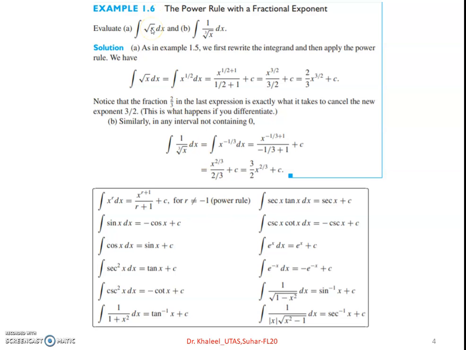We have some fractional exponents: x to the power 1 by 2, 1 by 2 plus 1. X to the power 1 by 3 in the denominator, bring it up, it's minus 1 by 3, r is minus 1 by 3, minus 1 by 3 plus 1. These are the formulas of integration, and they all correspond to derivative formulas.